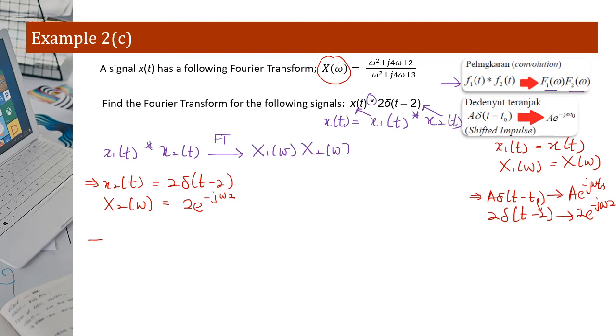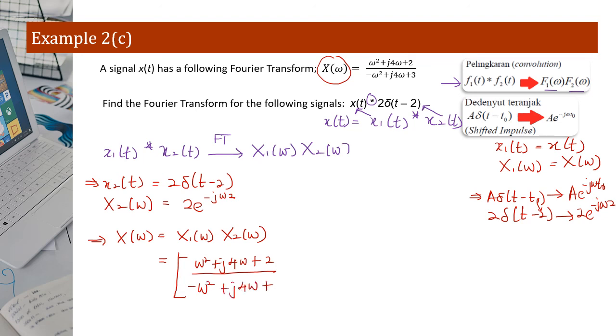Now solve the convolution. Your X(omega) equals X1(omega) multiplied with X2(omega). X1 equals X(omega), which is omega squared plus j4 omega plus 2, divided by negative omega squared plus j4 omega plus 3, multiplied with X2(omega) given by 2e to the minus j omega 2.